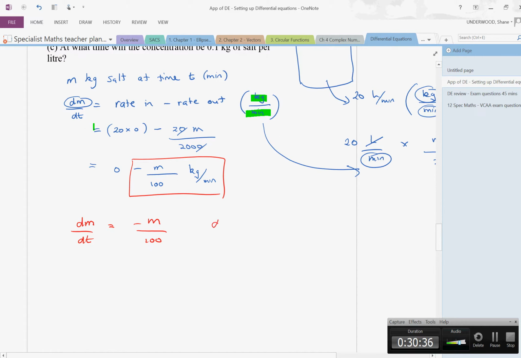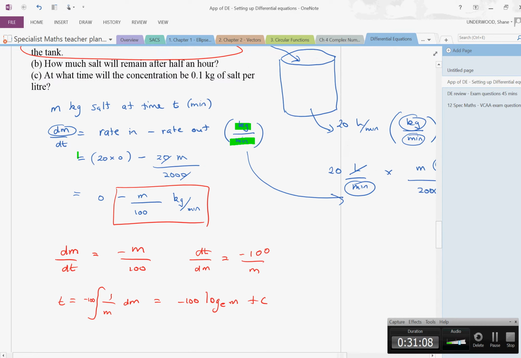We do the old flipperoonie, which means we've got dt/dm equal to negative 100 over m. Therefore t is equal to the integral of negative 100 times 1 over m dm, which is negative 100 log to the base e of m plus c.